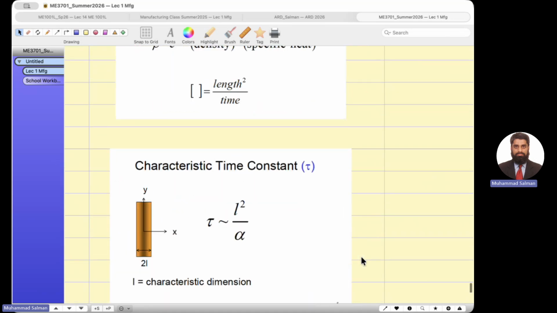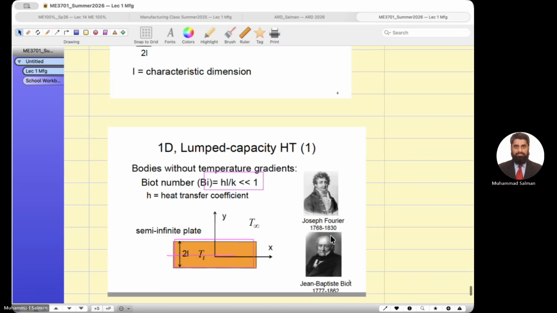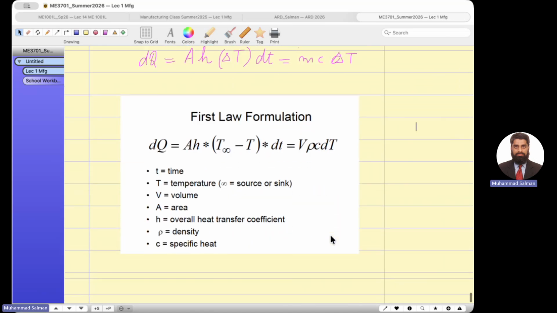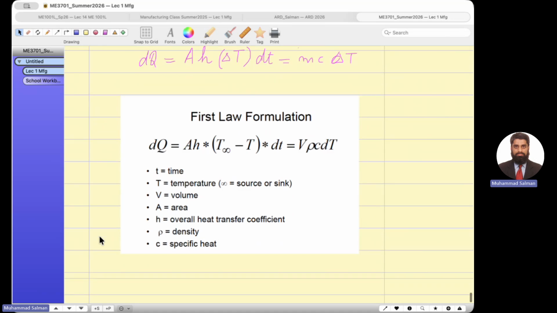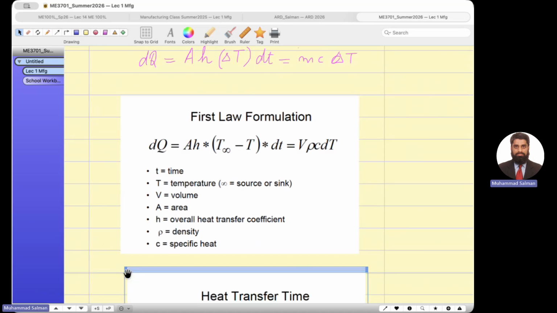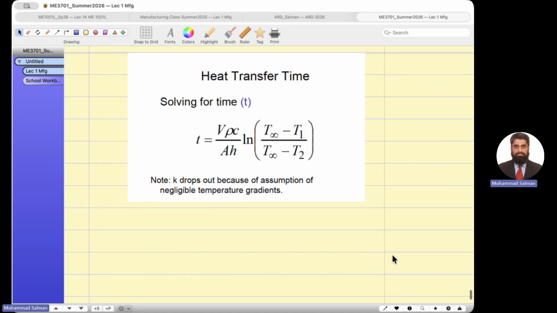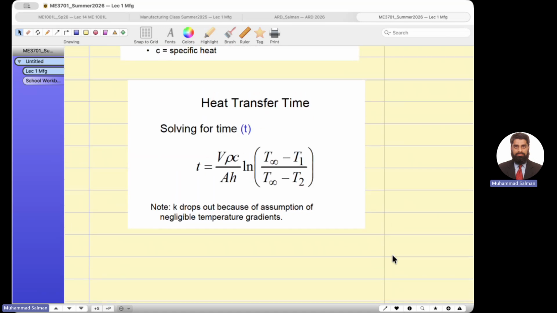This formula comes out of this equation; you have to integrate it. Now let me show you the final step here. This is the form, solving for time. You have to do some integration, and I'm not going to derive it by integration, but I'm showing you that this formula should be in your formula sheet when you come for test one.